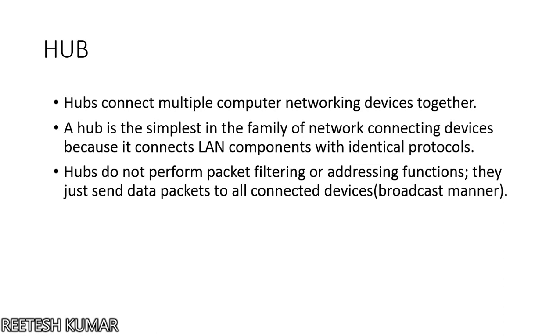Broadcast means it simply broadcasts the information to all the nodes. This is why it is also known as an unintelligent device. Here we can see the hub does not perform packet filtering or addressing function. It just sends data packets to all connected devices.